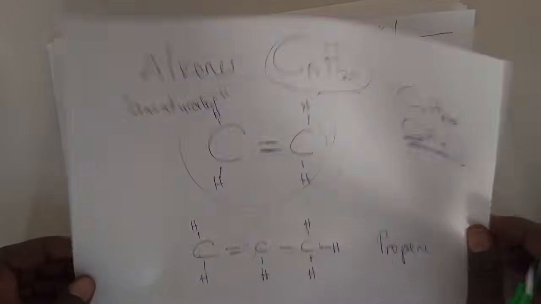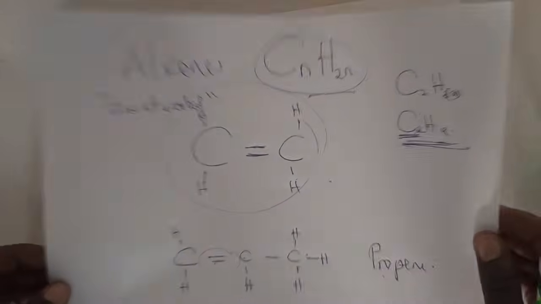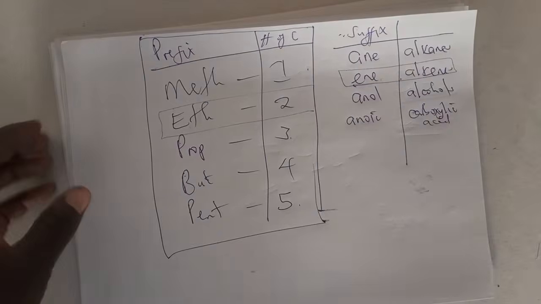All right, so now, these alkenes undergo what we call chemical reactions. That's what you need to know. They have chemical properties. One of the chemical properties of alkenes is combustion. They undergo combustion reactions where they burn in oxygen to produce carbon dioxide and water.